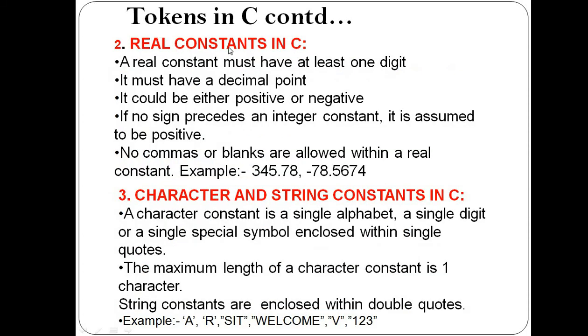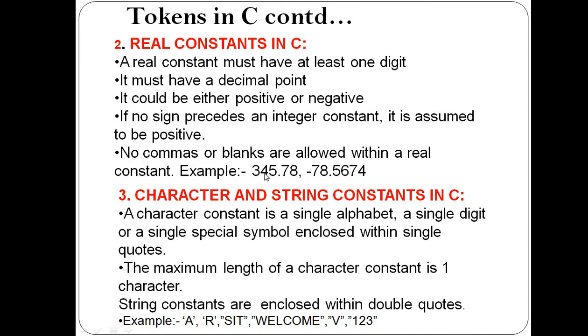Then second, real constant. A real constant is called a decimal number. Here also we need to represent at least one digit. Okay, so for a constant value at least one digit is present. A real constant must have a decimal point. It could also be either positive or negative. Here also if no sign precedes it, it is assumed to be positive.